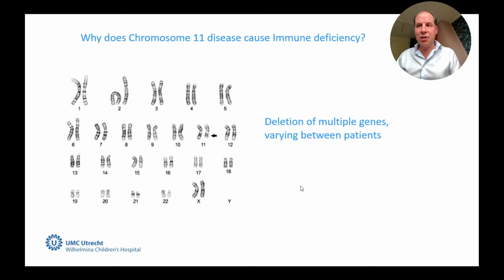Why does chromosome 11 disease cause immune deficiency? This is a picture I suspect many of you have seen before. If you think of a human cell, we have this football-shaped structure in mind in general. Cells can have very different shapes, but think of it as a football.